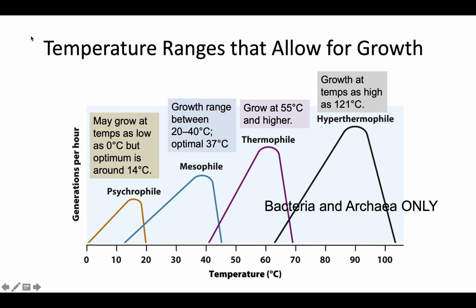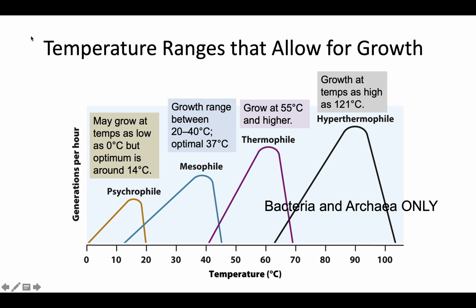The end of the word phile just means loving. So they love or grow very well in these temperature ranges. The psychrophile loves very cold temperatures. It may grow in temperatures as low as 0 degrees Celsius, but optimum is about 14 degrees Celsius, so they grow best at about 14 degrees Celsius.